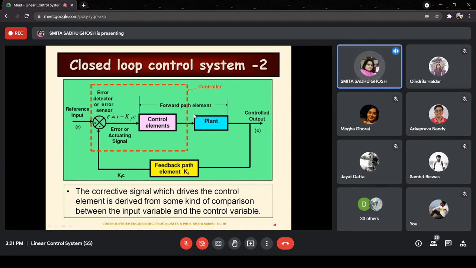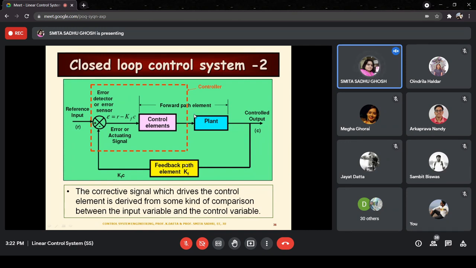And this epsilon is being called over here the corrective signal. Now just to simplify life a bit, let us assume that KF is equal to 1, so we have a unity feedback. My epsilon becomes equal to R minus 1 into C, which is R minus C, the difference between the reference input and the output.